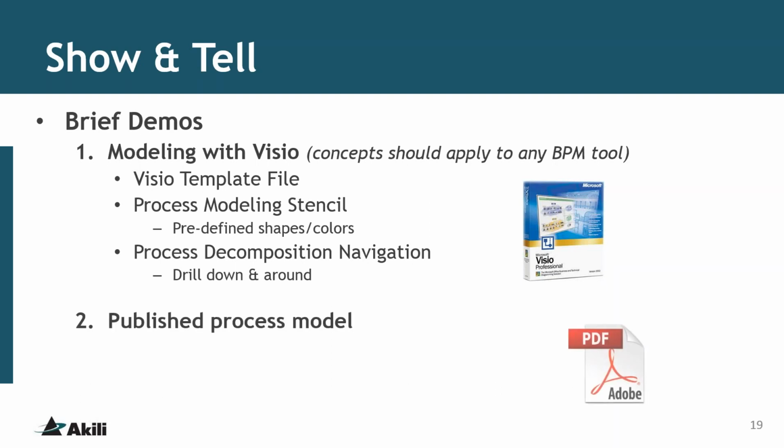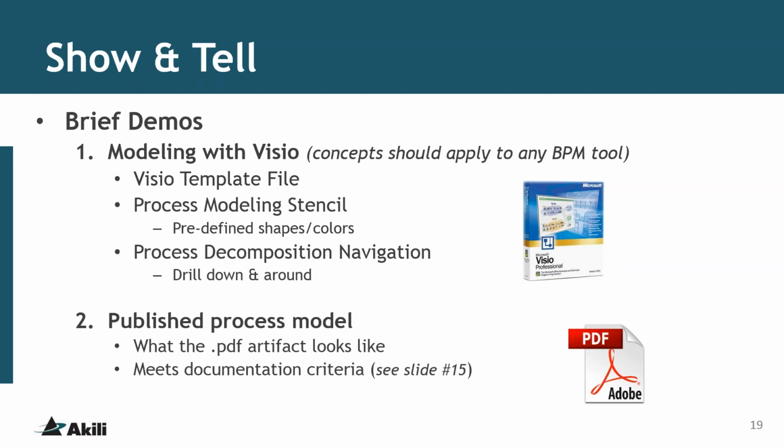The second thing we want to demo is an example of the published process model, the finished product, so you can see what it looks like and how you can navigate around through it. And you will also see how this finished product illustrates the benefits of our process modeling standards that we discussed a few minutes ago, okay?